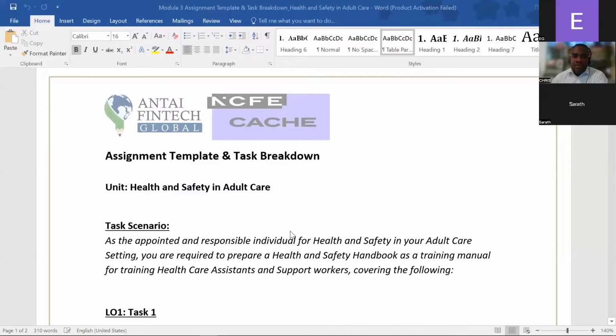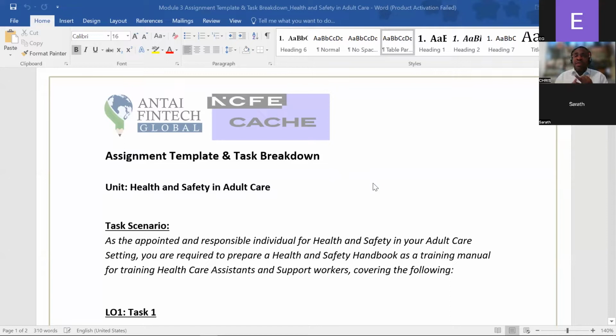Right, so to begin with, let's look at a breakdown, and then I'll come back to the PowerPoint presentation, considering that we have just an hour. All right, so this is the assignment for health and safety in adult care. Health and safety basically has to do with how to ensure that you as a health and social care professional are healthy and safe to go to work, number one.